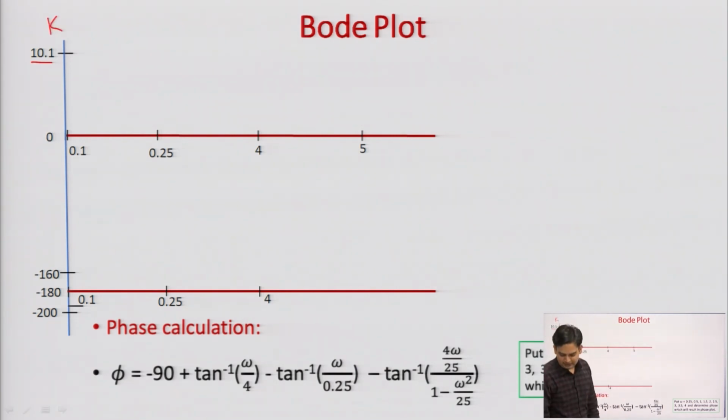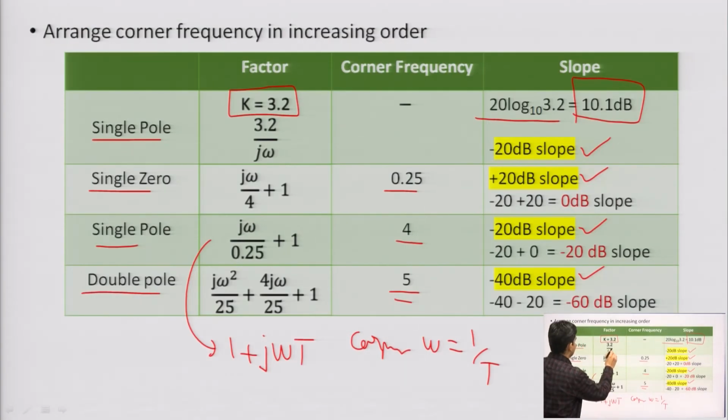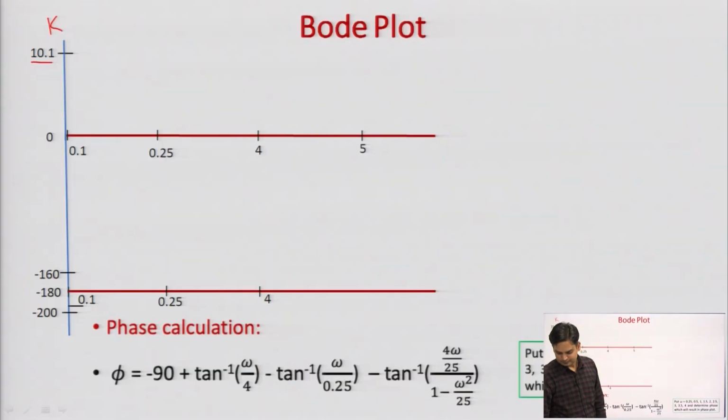My initial slope is minus 20 dB, and I have to start from here with a slope of minus 20 dB. I have to keep going till I find any corner frequency. When I find my first corner frequency, it is 0.25.